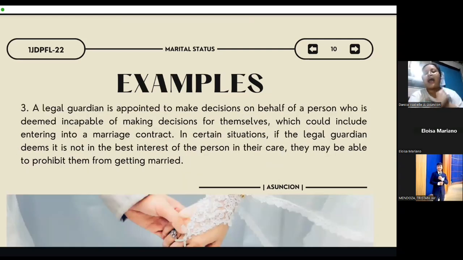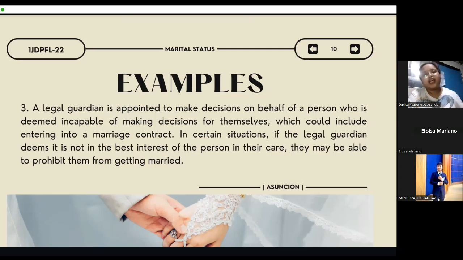Here we have legal guardianship. Legal guardianship is appointed to make decisions on behalf of a person who is deemed incapable of making decisions for themselves, which could include entering into a marriage contract. In certain situations, if the legal guardian deems that it is not in the best interest of the person under their care to be married, they might prohibit it.